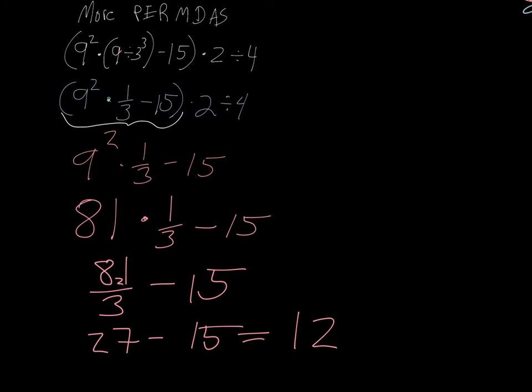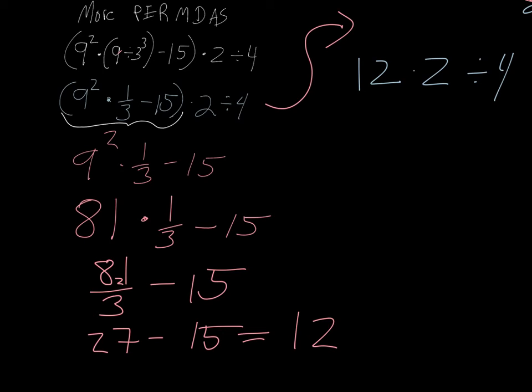And then I go back up here to the problem and go, oh, that was the giant parenthesis I just did. So now I'm going to rewrite this over here with the new parts that I've just finished. Instead of that giant parenthesis, I now have 12 times 2 divided by 4. And now I'm left with, any more multiplying? Yes, there is more multiplying. So now I'll have multiplication, eventually division.